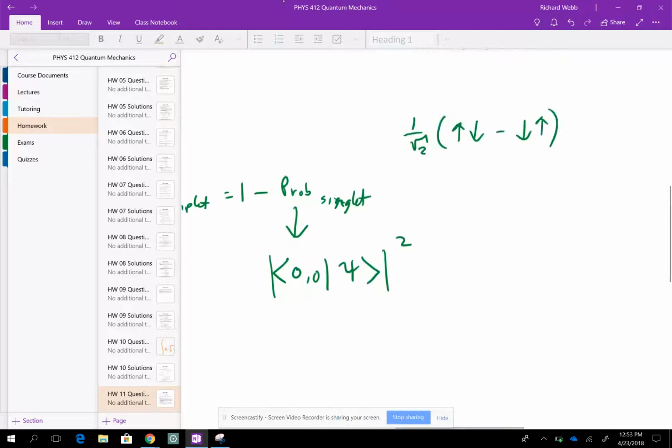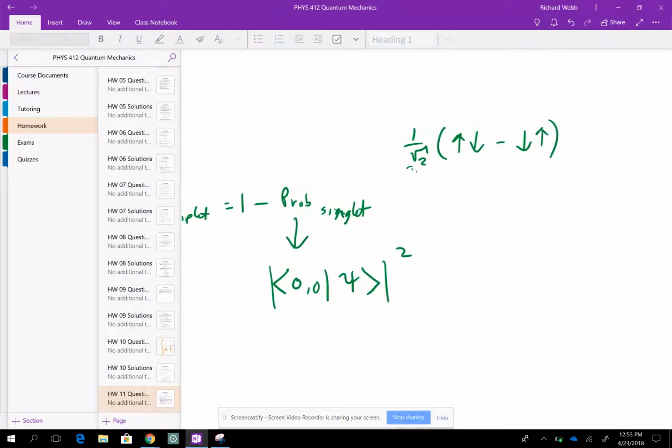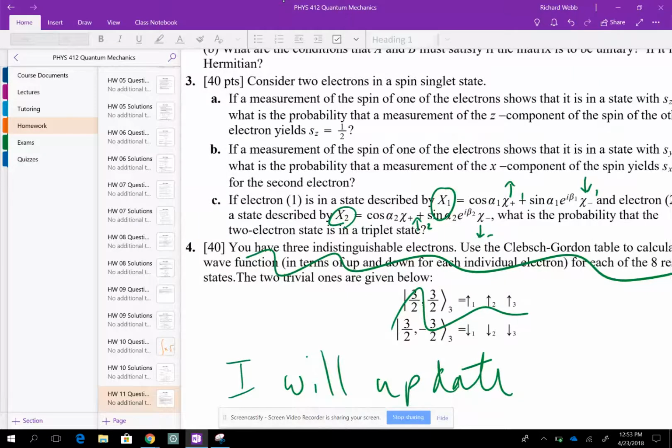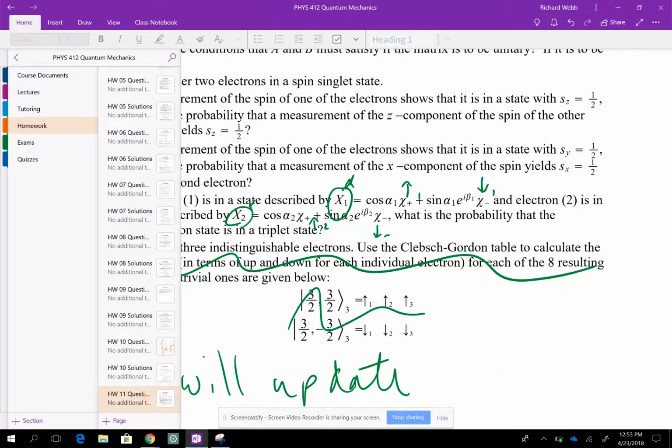So then I'm going to take this here as my bra, and my ket is this. So this state multiplied by this state. Which gives you a nice complicated set of terms.